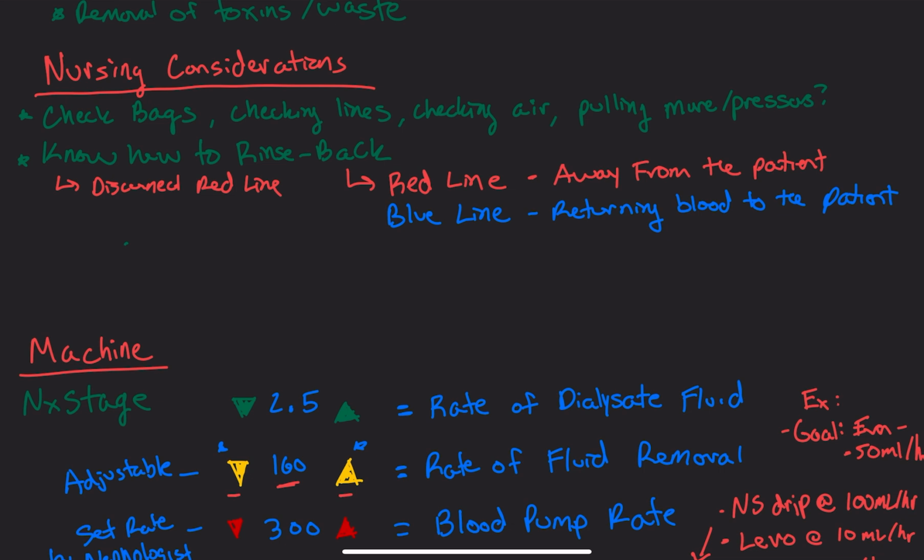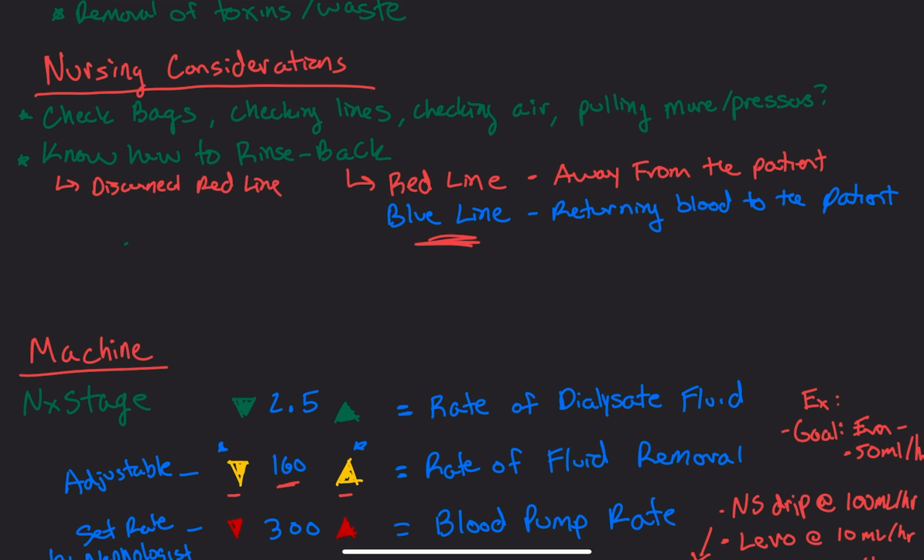On the Nextstage model, it's just a white cap coming off the saline bag, and then there's a button you can press that will rinse back. It will rinse the saline back, and that will return all the blood in the circuit through the blue line, so the patient doesn't lose all the blood. And then from there, you'll have to get a new circuit, get a new filter, and set everything back up. But it's important to know how to do this, because typically you don't have much time.